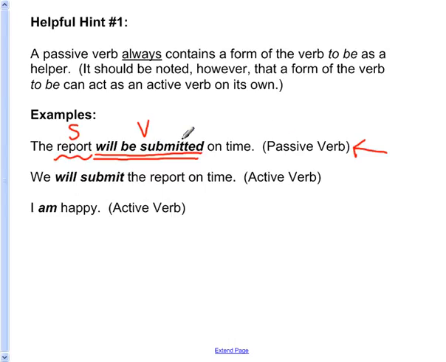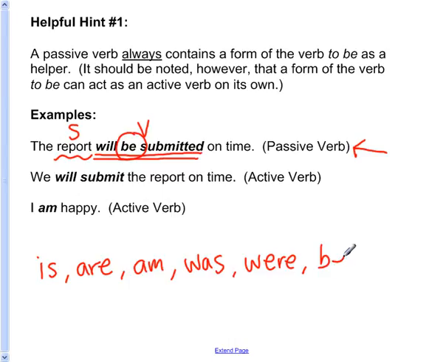Will be submitted is a passive verb. Notice that it has a form of to be in it. Passive verbs will always have a form of to be as a helper. Other forms of to be, remember, are is, are, am, was, were, and be, as is the case up here.